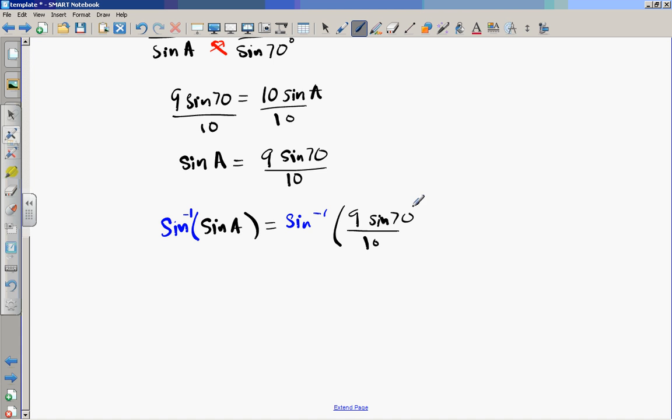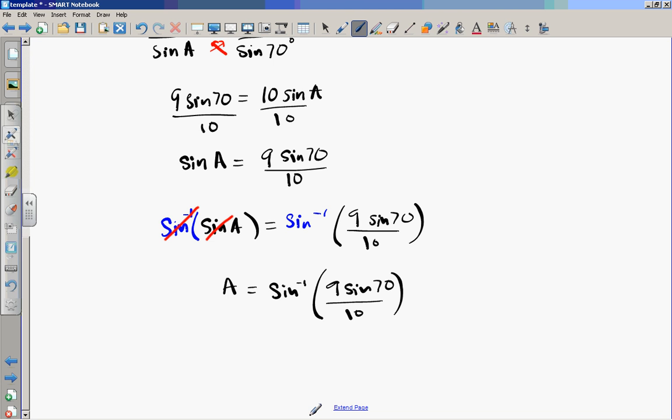Okay? So on the left side, the sine and the inverse sine cancel out. So you're left with A equals the inverse sine of 9 sine 70 over 10. Alright, this is the law of sines.